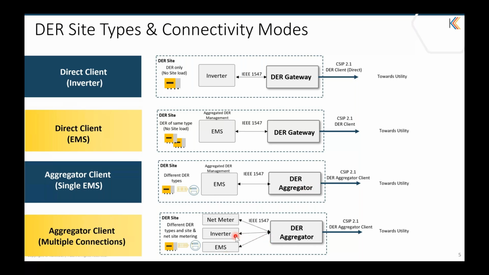The last option is again the DER aggregator option, but the DER aggregator can connect with downstream systems or software. It could be EMS systems, inverters, a net meter, battery controllers, battery inverters, EV chargers, etc. The primary responsibility of the aggregator is to communicate with all the different types of assets out there, collect the data on different protocols or interfaces, and then expose data to the utility on 2030.5.